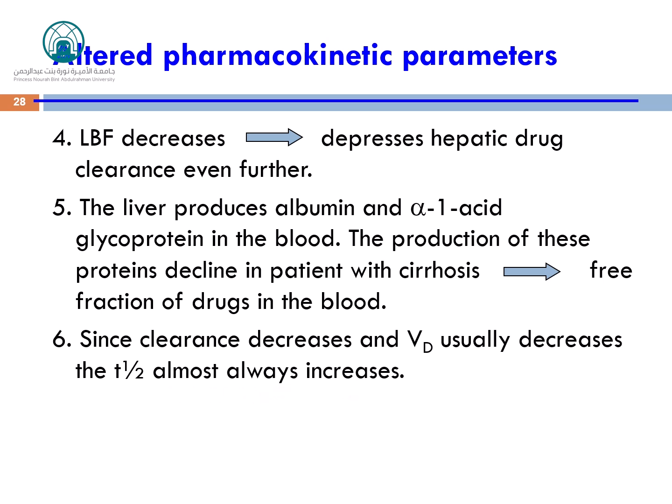So the clearance has been decreased, the volume of distribution is also decreasing, so the half-life of elimination will be increased. The drug will not be eliminated in a fast manner. It will be staying in the blood for a longer period of time.